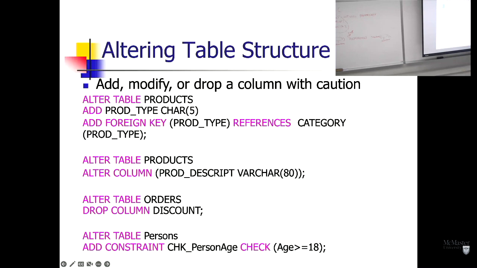If the column that you're adding is a primary key in another table, then you write add foreign key, writing the name of the column in parentheses, references, category. So this is for altering the table.